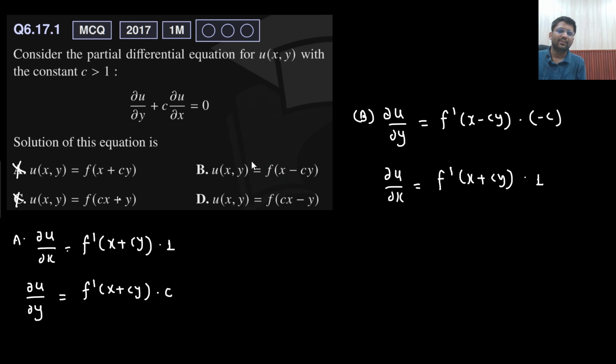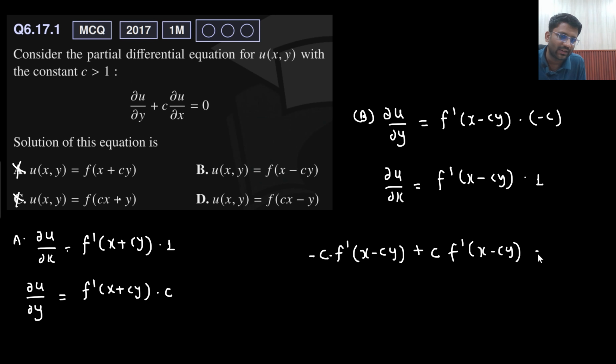So del u by del y is minus c multiplied with f dash of x minus cy, plus c times del u by del x. What is del u by del x? That is f dash of x minus cy. What answer are you getting? Sir, 0 only. That means option B is correct. That's it.